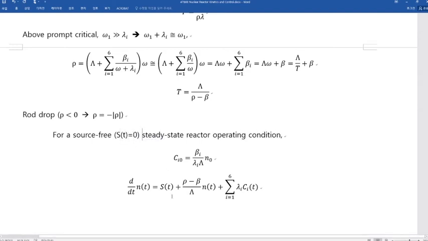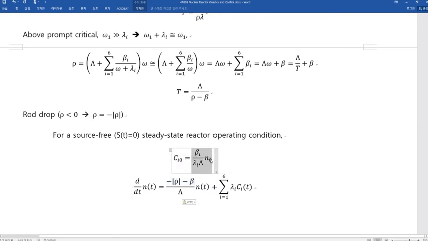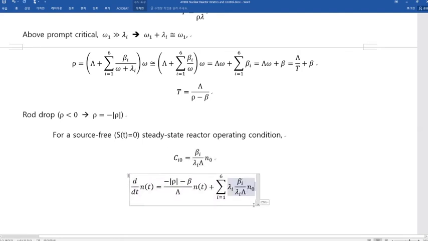We do not have any external source, so we don't have this term. Instead of rho, we are going to use the negative of the absolute value of rho, n(t), and plus lambda i, and C instead of Ci(t), Ci is now a steady state value. So instead of Ci(t), I'm going to insert this steady state value. That means the lambda i's cancel each other.